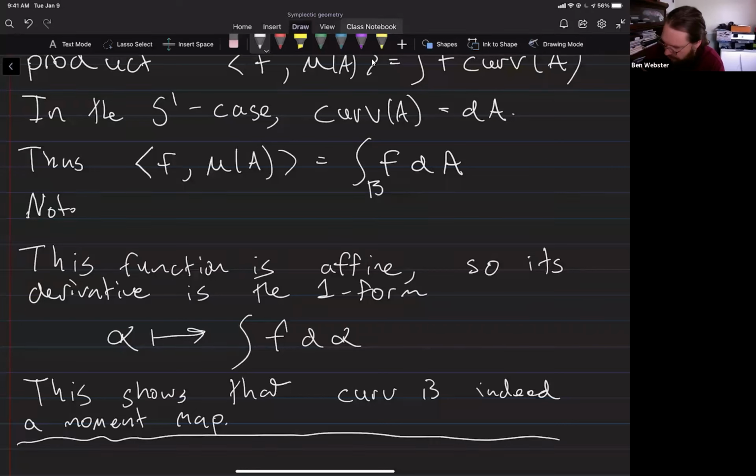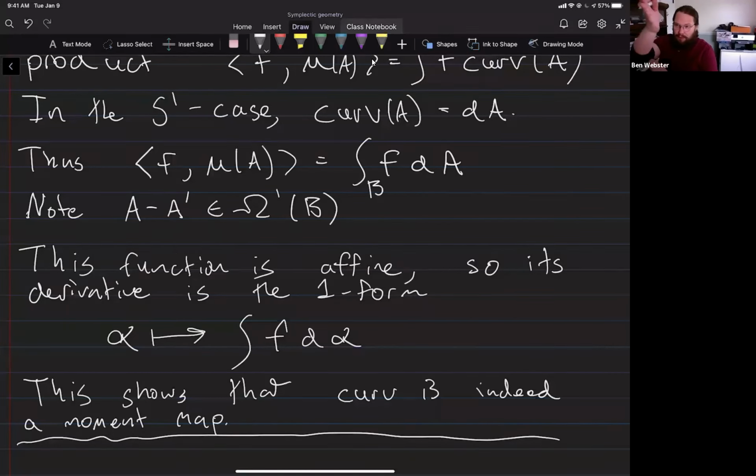Right, so note, if I have two connections, the difference between them is effectively a one form on the base. Since the inner product of the connection with a vertical vector is specified by the connection form, it is always one.